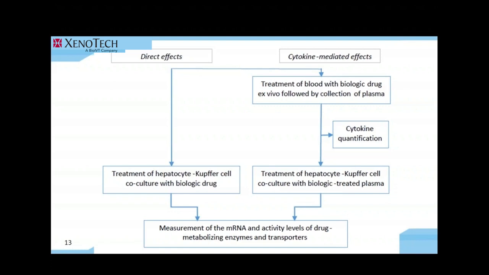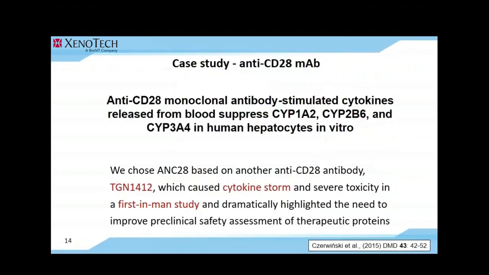We typically quantitate cytokines with the Meso Scale Discovery assay, although other platforms are suitable for that purpose too. Subsequently, we treat co-cultures with the plasma stimulated by therapeutic proteins, followed by measurement of the mRNA and activity levels, the same way as is done for evaluation of direct effects.